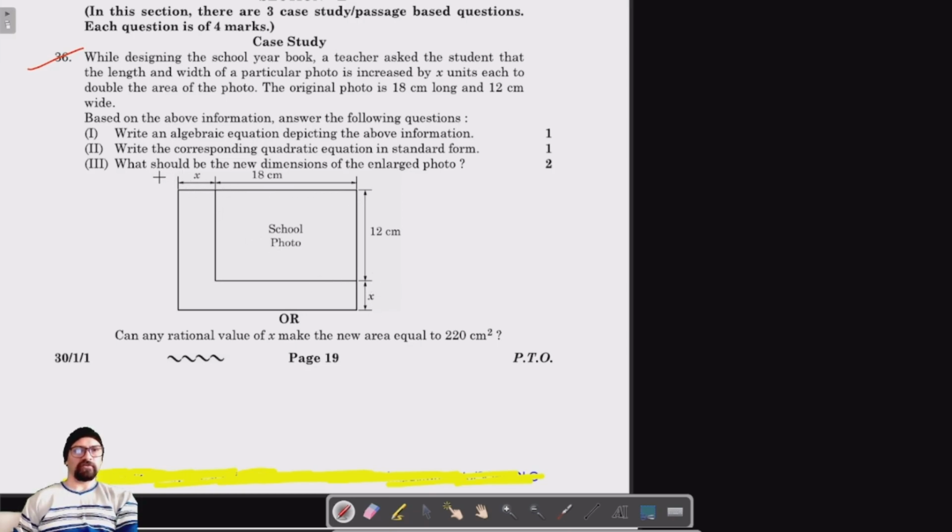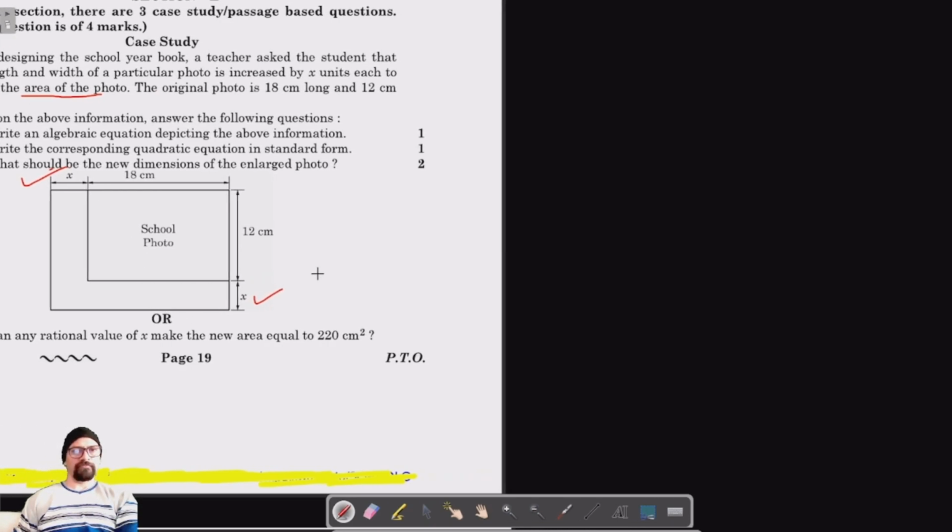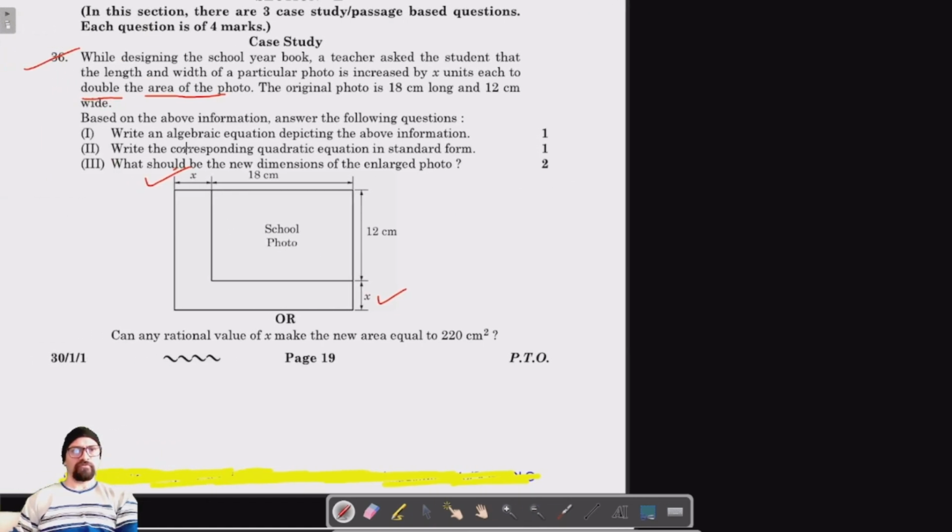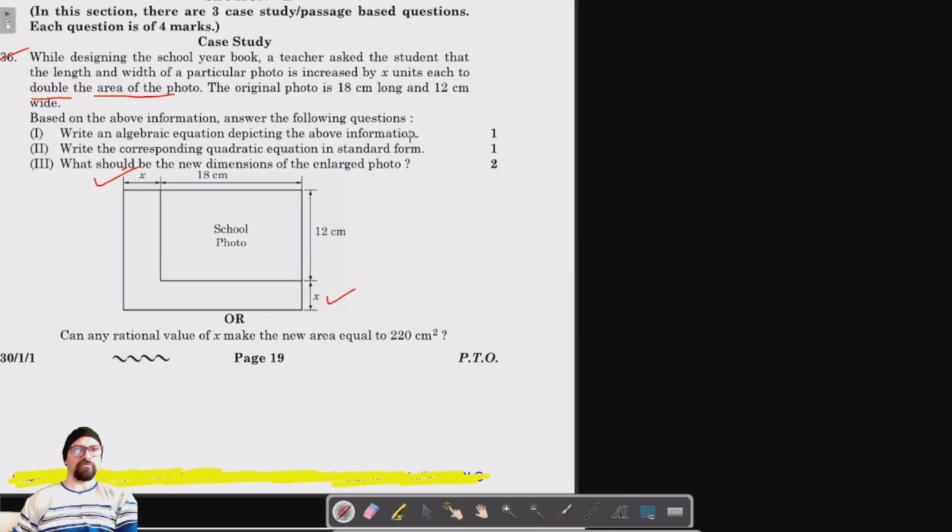That is, the length is increased by x and the breadth is also increased by x. So you have to increase both length and breadth by an equal amount, such that the area is now double what it was before. And we have to write an algebraic equation depicting the new information.